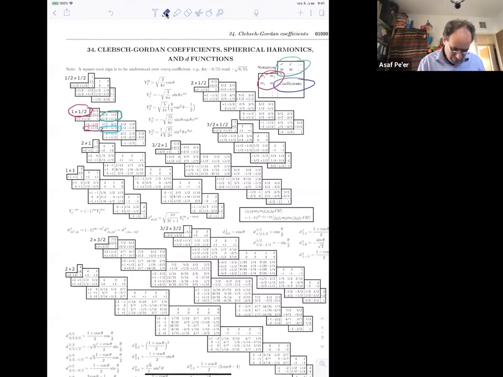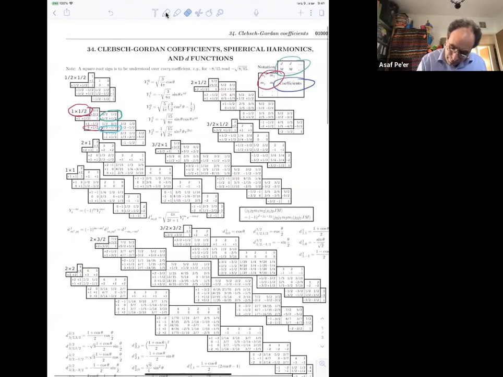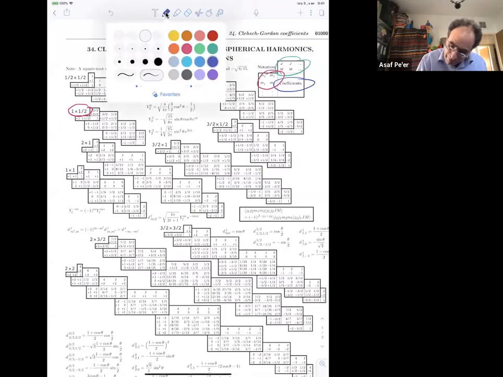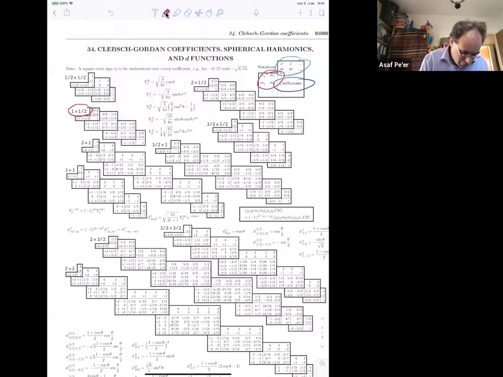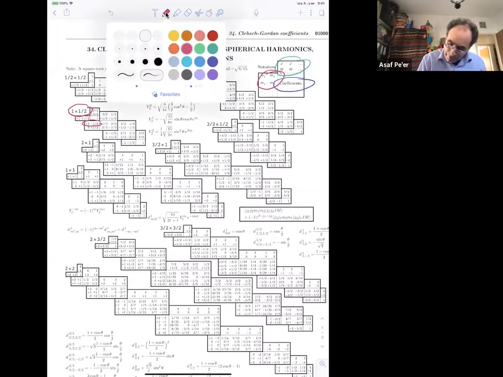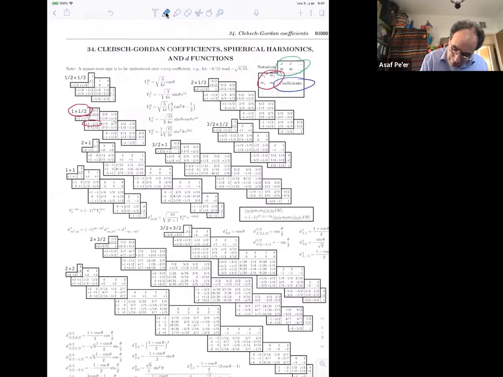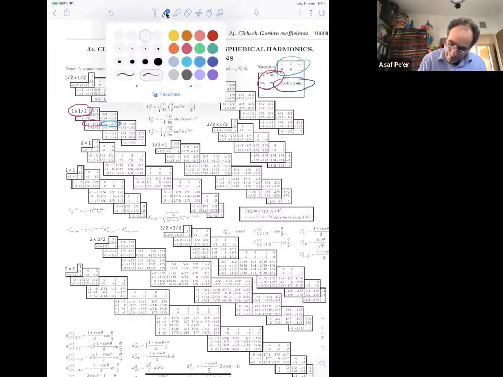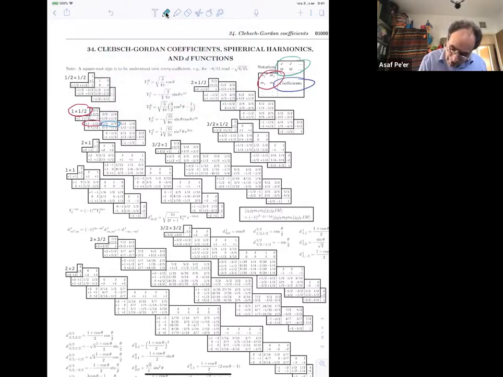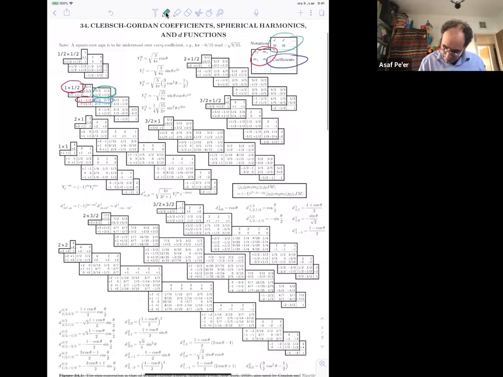Which means that we're looking at this table, that's fine. But then of course we have now that M1 is 1, M2 is 1/2. So the coefficient of interest with these guys, right? Which will correspond for the JM of 3/2 and 1/2 and 1/2 and 1/2.